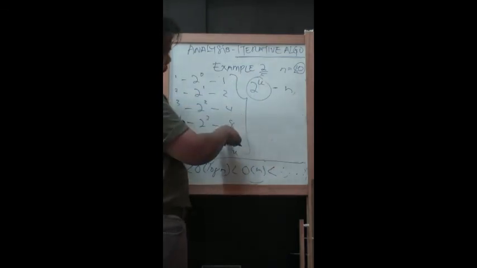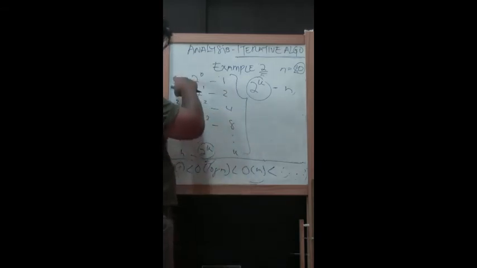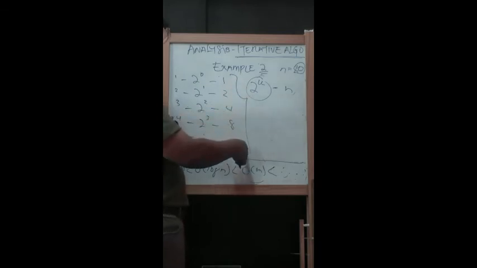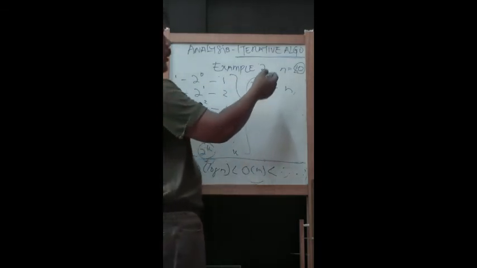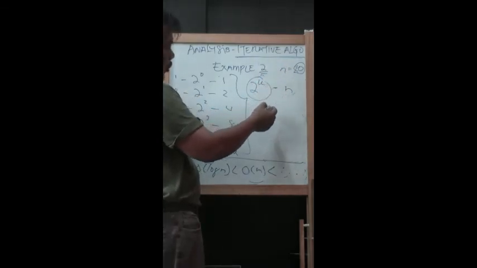If we have n equal to 10 here, we can only execute maybe around 4 times, not 10 times. So we assume this is not greater than n, must be less than n.